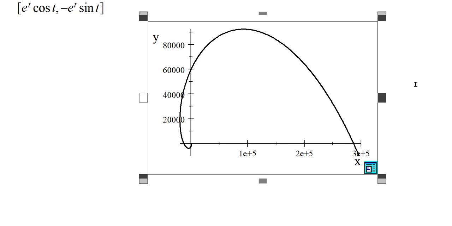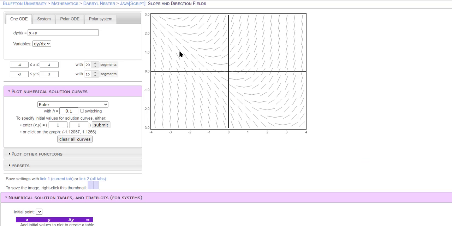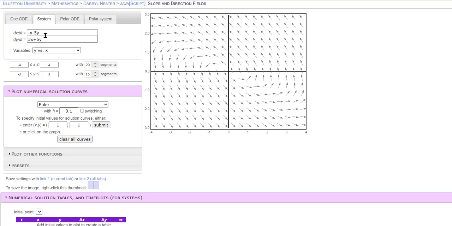So let's just go ahead and see how the computer generated solutions look on the slope field plotter of Dr. Nestor's website. So here we are at the slope field plotter of Dr. Nestor, and I have put this URL in the video description.